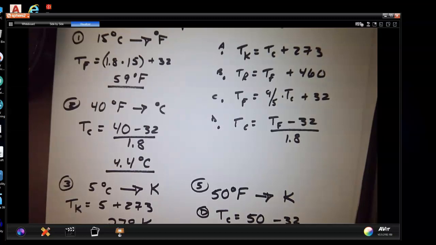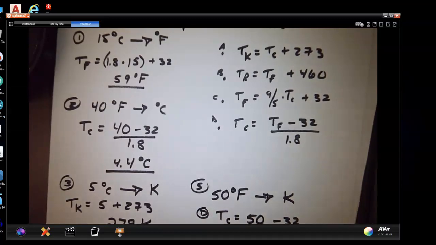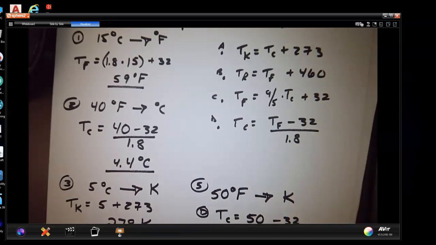That should be 10. Yeah. So 10 degrees Celsius. Now I can use formula A, which says temperature Kelvin is equal to temperature Celsius plus 273. So my temperature Kelvin is equal to 283. Okay. Answer. Always put your units, otherwise you're just doing some math.